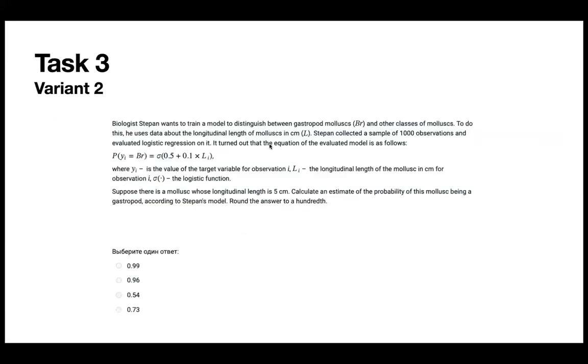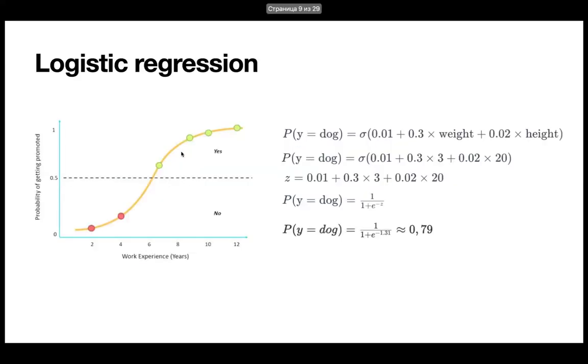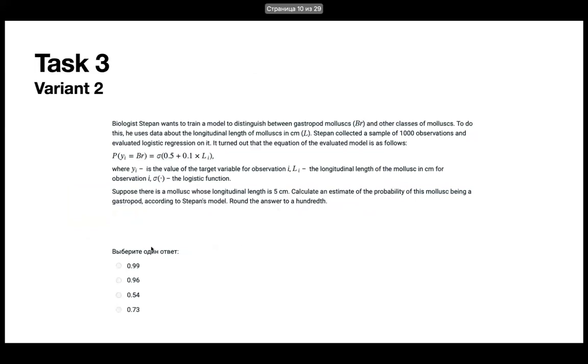Now let's take a look at the same task in the variant tool. What you do here is pretty much the same. You just put the 5 here, compute the value, then put that value here, like we have done, and you will get the answer.